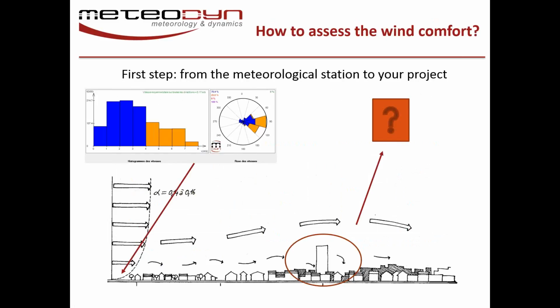Usually the meteorological station is close to an airport, so it's a very high wind, I know, with low turbulence. But your project is usually close to downtown or in suburbs, so we have less mean velocity but high turbulence. So it's very difficult to use the meteorological station data directly.